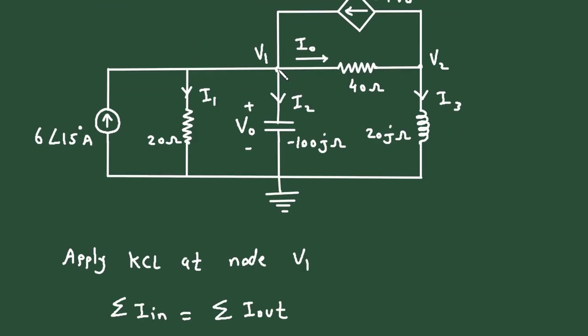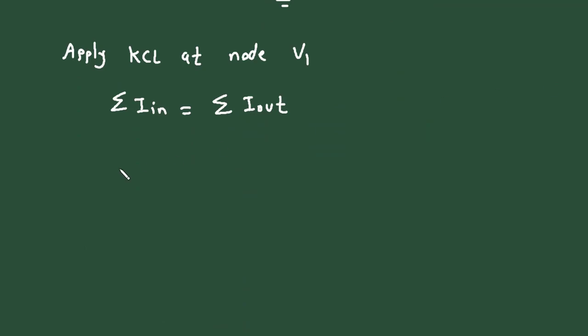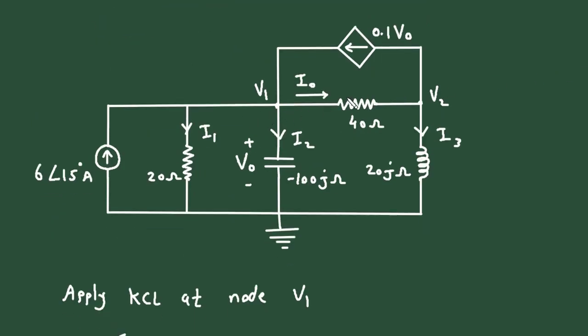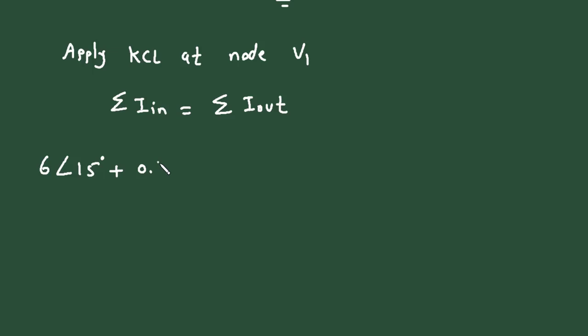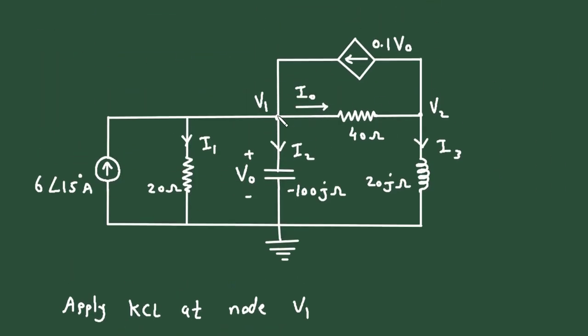Now at this node the entering current is 6 at an angle 15 degree, plus this 0.1 Vo, which is also a current. Only these two currents are entering this node.